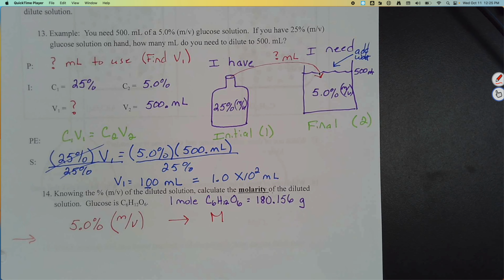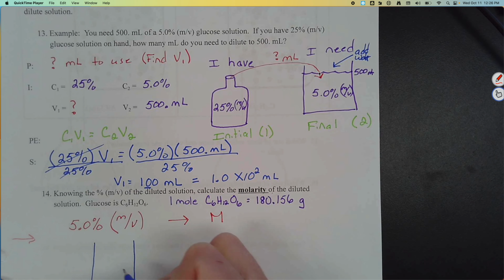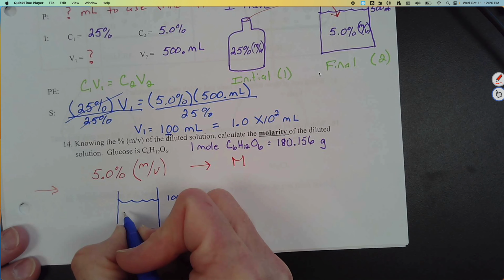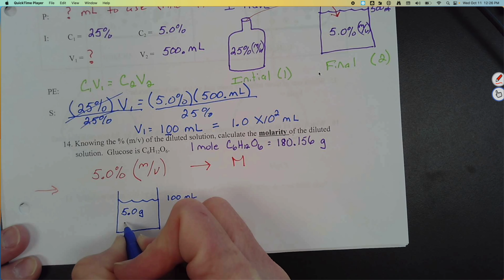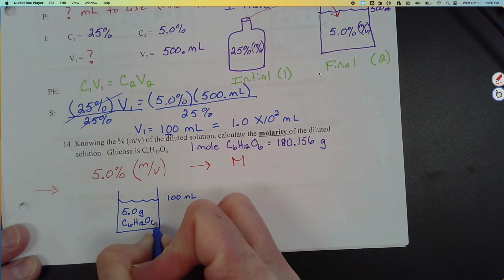When I work with percentages, I always think in terms of I've got 100 of whatever it is. Mass volume, what that means is that 5% says I've got 100 milliliters. And of that 100 milliliters, 5 grams of it is glucose.